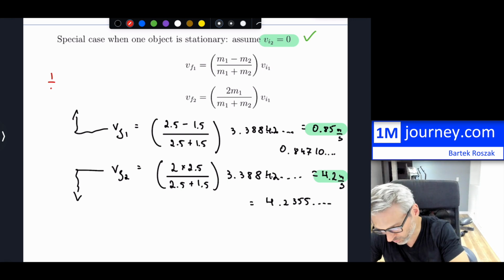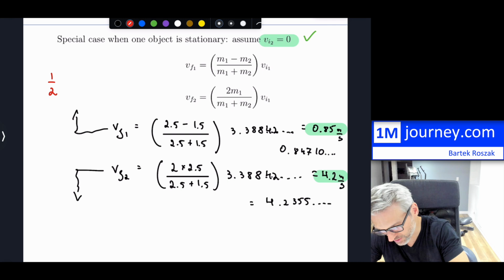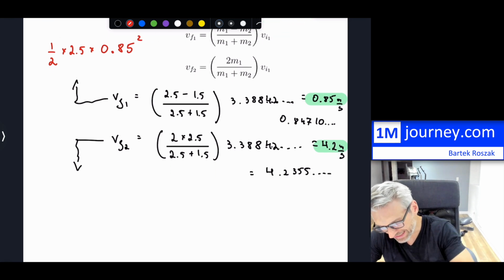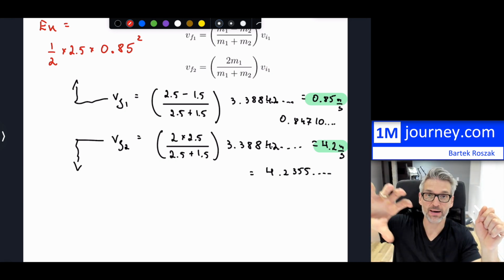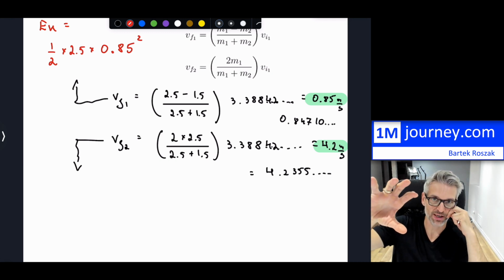So that would have been 1/2. This is for the first object. So this one was 2.5 kilograms. Now we know its speed, 0. Now I'm going to use the rounded answer here, squared. That's the kinetic energy. All that kinetic energy, because it's going to be going up, is going to then transfer into gravitational potential energy.